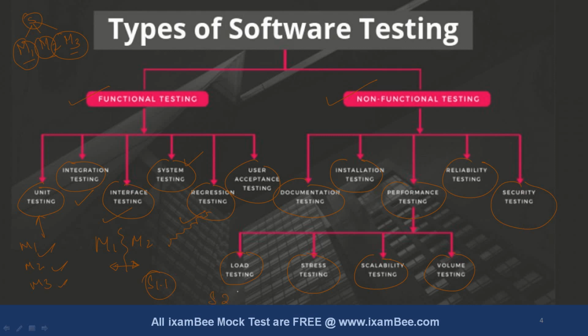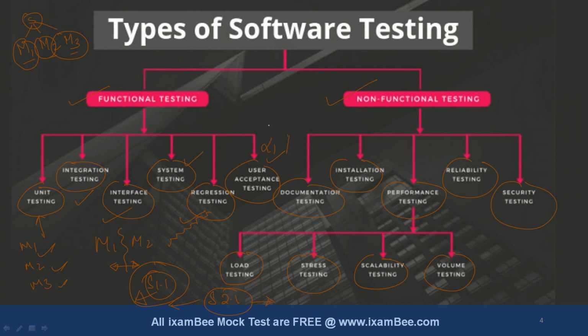Then I have software version 2.1, and I got to know that the defect that was occurring in S1.1 is now solved in S2.1. But there is a new defect which was not observed in S1.1 but is now arising in S2.1. That kind of testing is called regression testing. Then we have user acceptance testing.